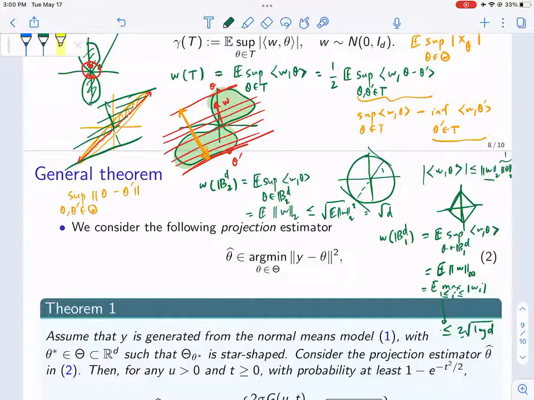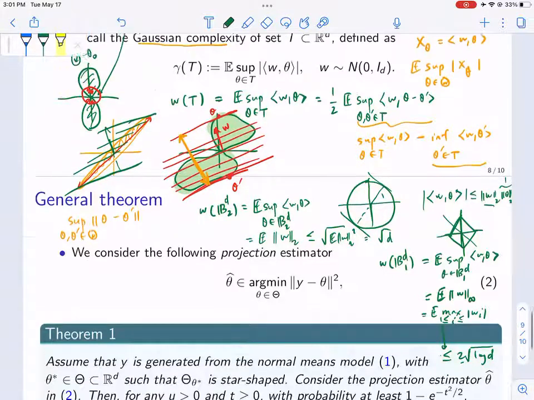There are directions in which the width is 2, but there are directions in which the width is smaller. In this direction, for example, things are smaller; they average out. The average width is much smaller.